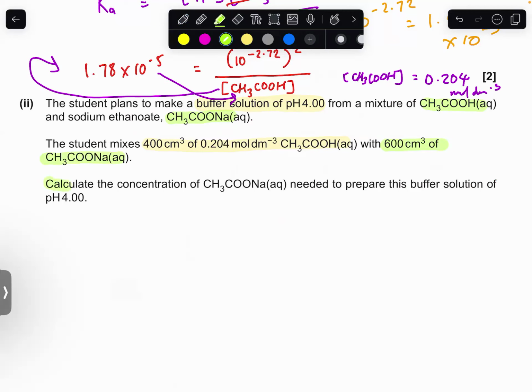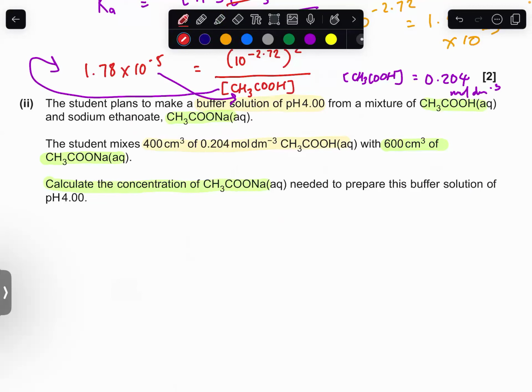Calculate the concentration of sodium ethanoate needed to prepare this buffer solution of pH 4.00.